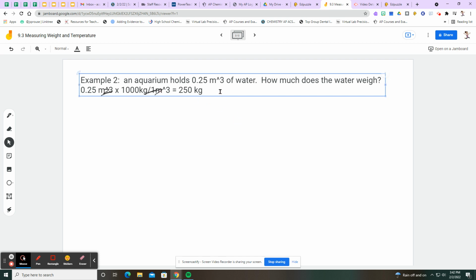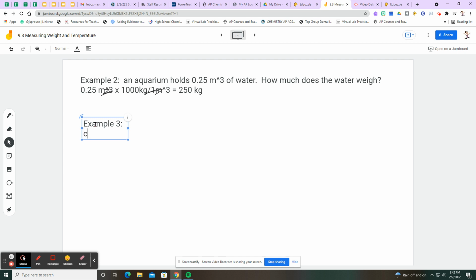All right, so let's look at example 3. We'll try a couple more. In example 3, it says to convert 160 pounds to kilograms.